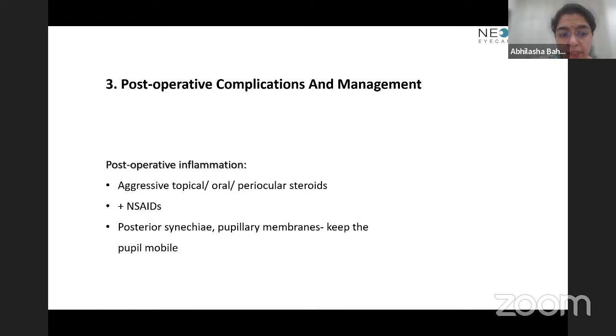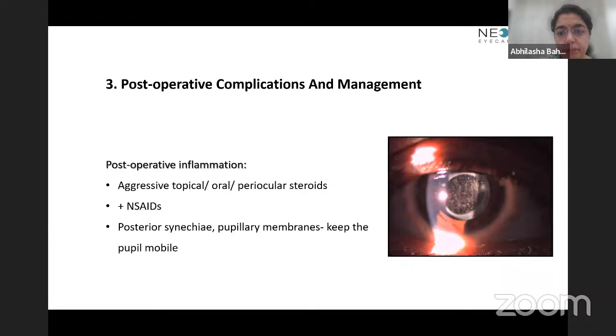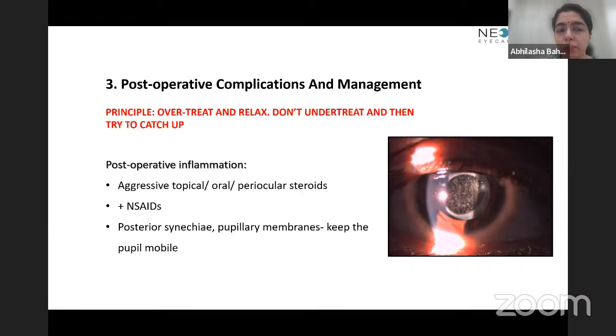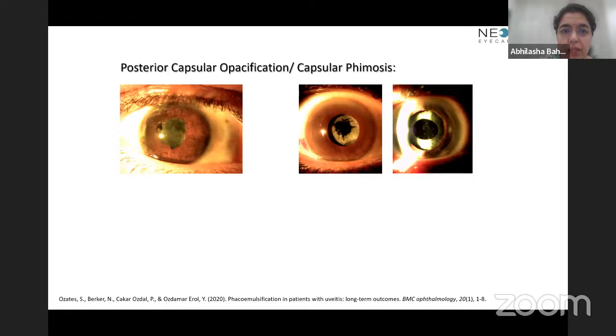To avoid posterior synechiae and pupillary membranes, keep the pupil mobile. You can use homatropine twice a day for at least 1 week, and you can avoid such circumstances. So the principle is to overtreat and relax, and not undertreat and then try to catch up.